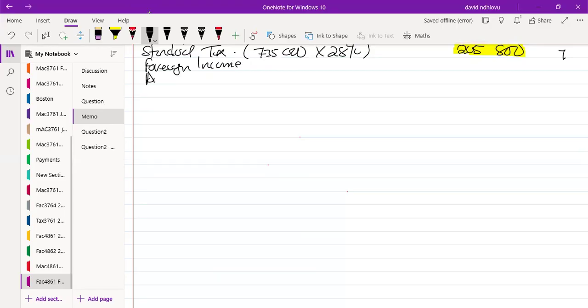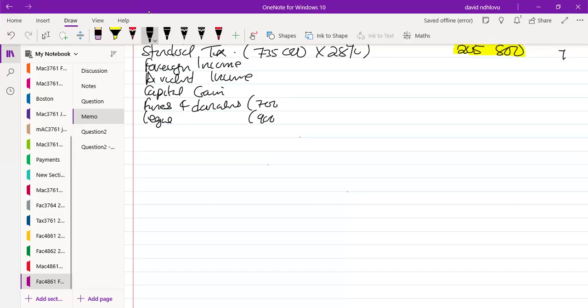It is the dividend income. It is capital gain. It is fines and donations. Right, it was also legal fees. This one I remember, 700. This one I remember, 900.